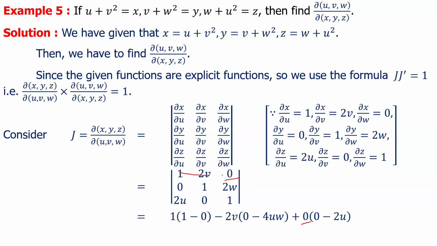Simplifying, the first part is 1, and minus and minus will become plus, 2v into 4uw is 8uvw. So the Jacobian of x, y, z with respect to u, v, w is 1 plus 8uvw.